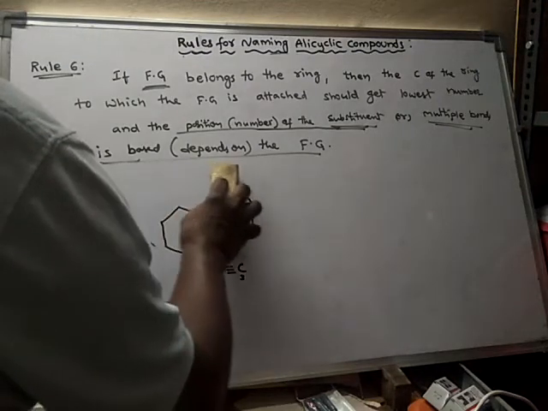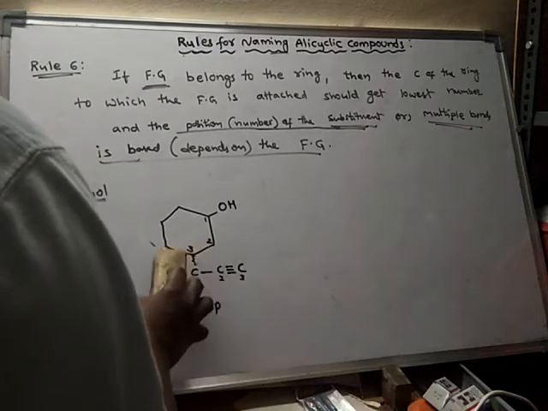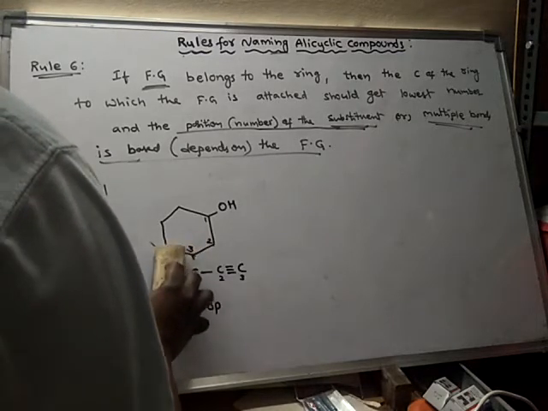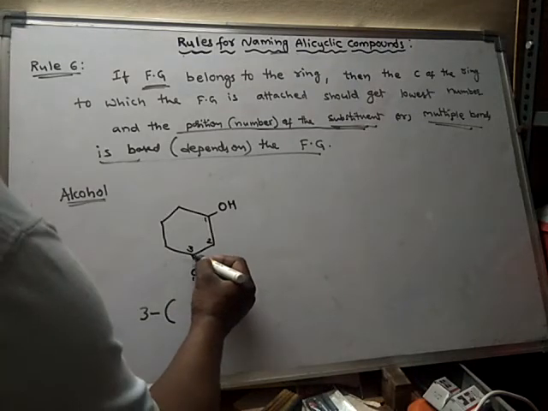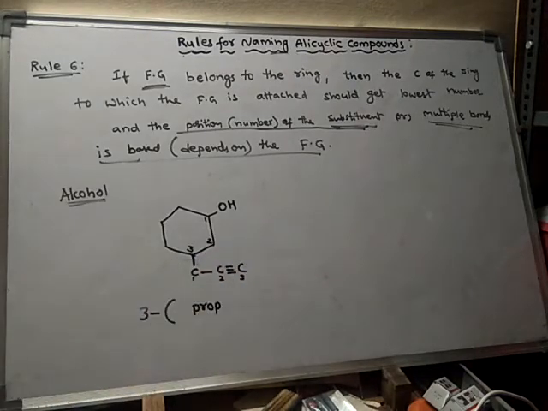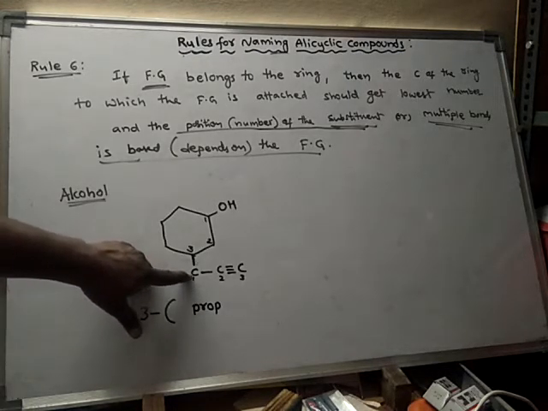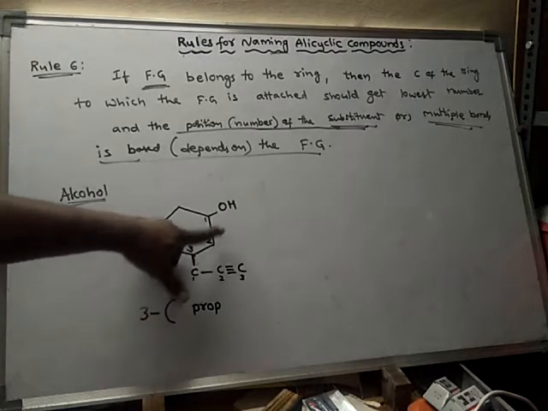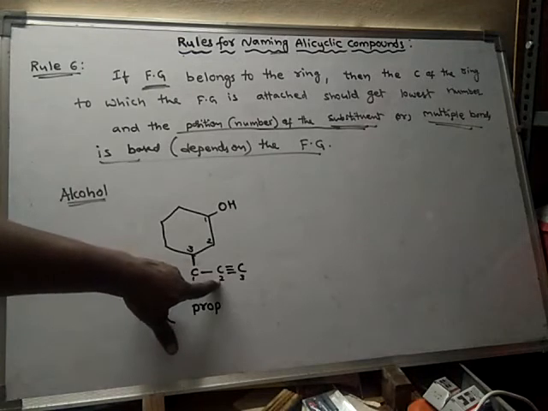So like this, the side chain is also given numbering when it is treated as a complex side chain. The carbon which is attached directly to the parent chain should get number 1. So that means now this carbon is the second carbon.